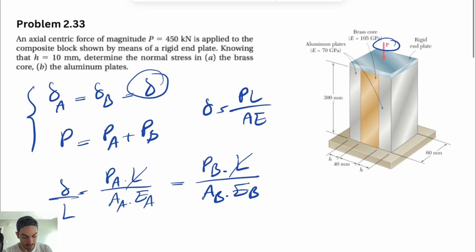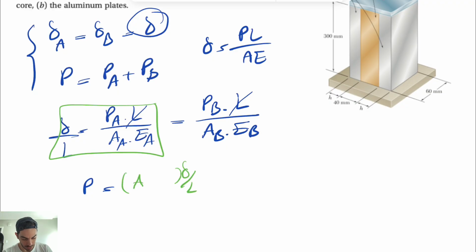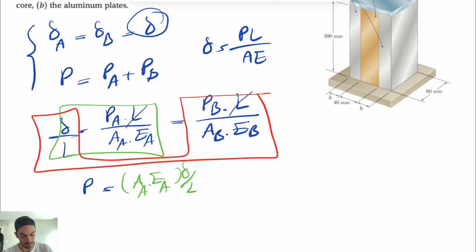What we can see here is that if we want to write P, we have P_A plus P_B, so from here we can find P. Technically, if we factor delta over L, our P would be the area of the aluminum times the elastic modulus of aluminum, and looking at these two, we have the same thing.